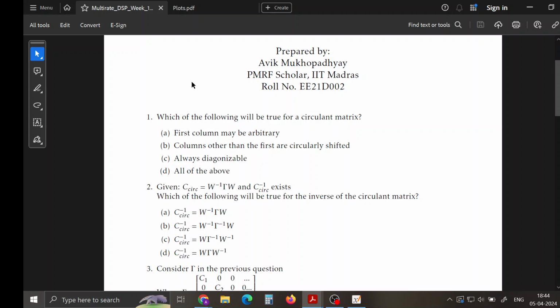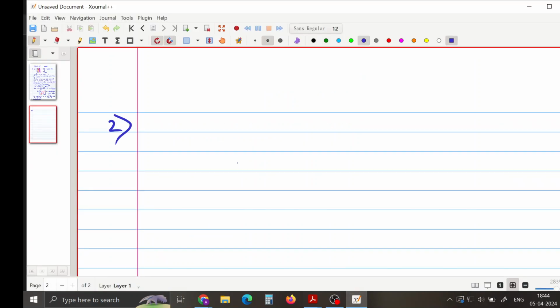If that is the case, and if C circulant inverse also exists, meaning that it is also invertible, is given, then which of the following is true for the inverse of the circulant matrix? So what is basically C circulant inverse? That's what you need to find. And again, this is nothing special.